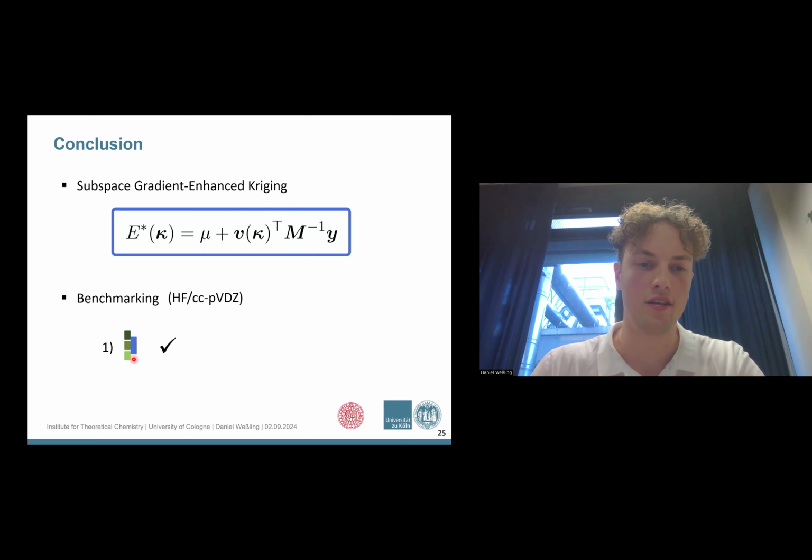Any more questions? If I may add and extend on your question, there's a fundamental change in what you're doing with the gradient enhanced Kriging: you adapt your model to your data.